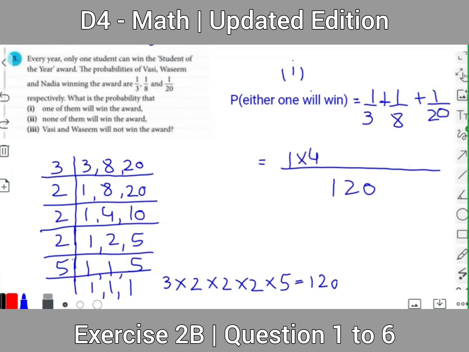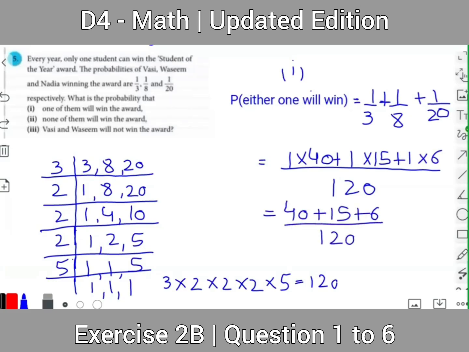So here we have 1 times 40 plus 8 times 15 is 120. So here we have 1 multiplied by 15, and 20 times 6 is 120. So here we have 1 multiplied by 6. So 40 plus 15 plus 6 divided by 120 will be equal to 61 over 120. So the probability that either one will win will be equal to 61 over 120.